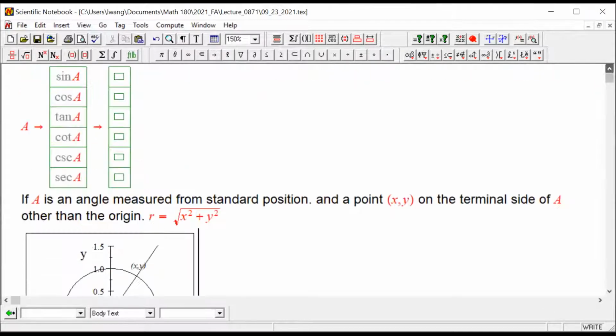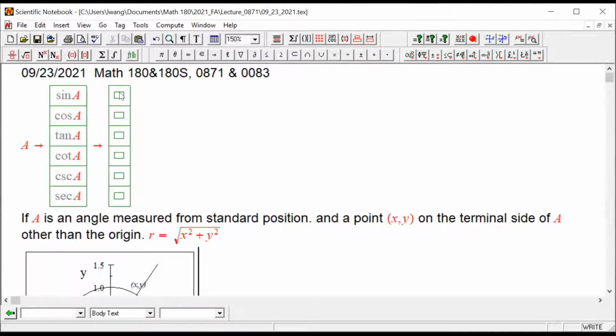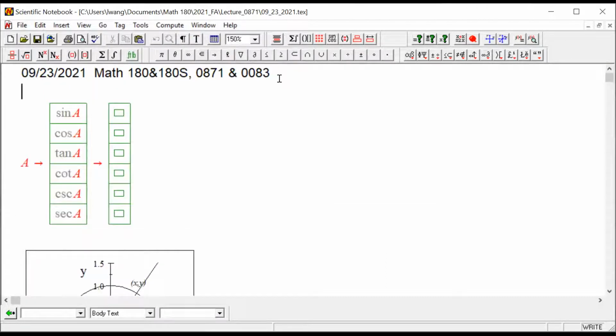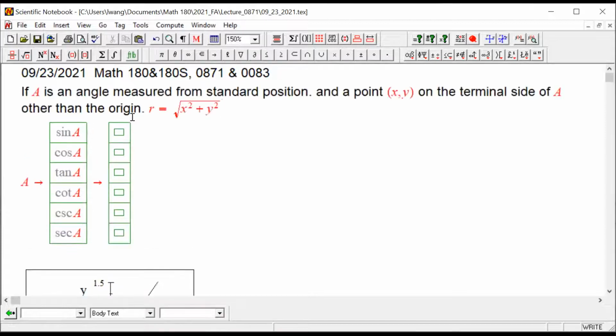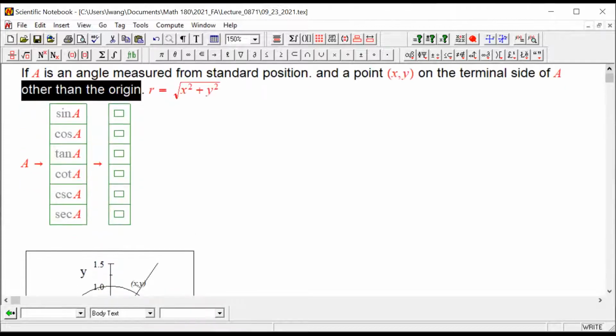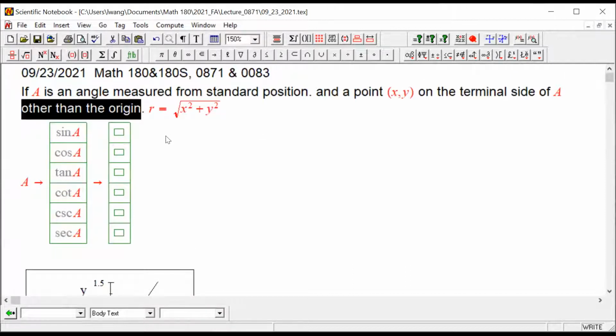With that stage set, A is the reference angle we discussed, and we have a point on the terminal side of A other than the origin. So that's the point, X comma Y.